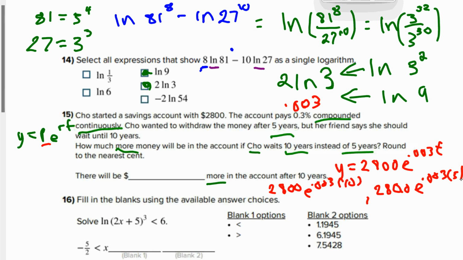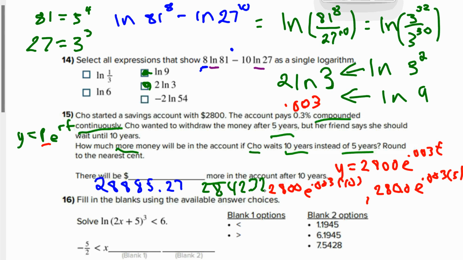And I believe, let me check real quick, for 10 years we get 28885 and 27 cents. And then for 5 years we get 28842 and 32 cents. So how much more do we make if we go 10 years?